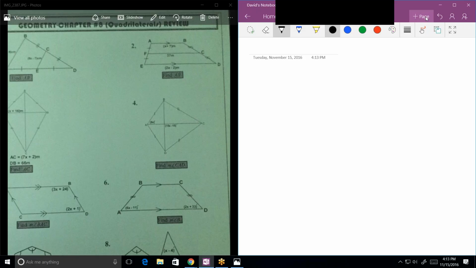Correct. So we know this side is also x plus 16. AC is 7x plus 2, DB. Where is DB? Oh, that's the horizontal line? Yep. Okay. So what do we got?